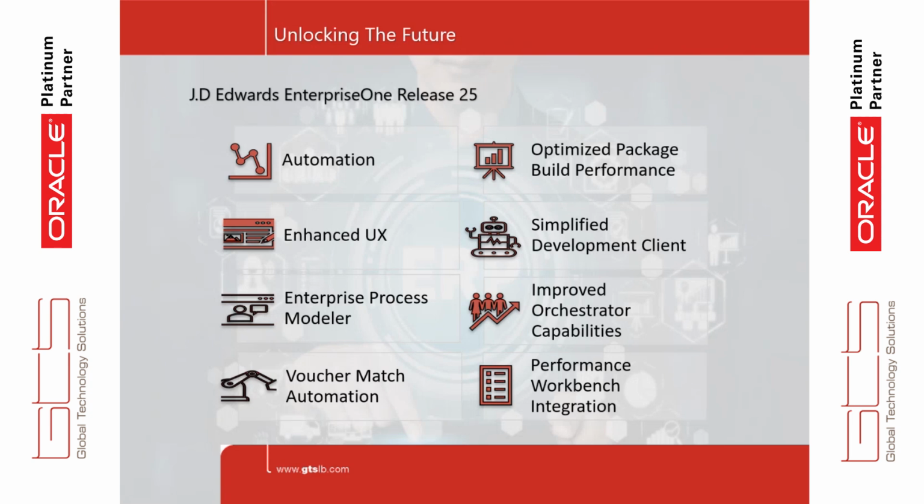We have enhancements on the UX, the user experience, in terms of E1 pages, types, additions, and different abilities to call orchestrations and even notifications through personal forms, specifically form extensions. We have the main new and very interesting feature, which is the enterprise process modeler, voucher match automation, and the new add-on of it, which is the two-way automation.